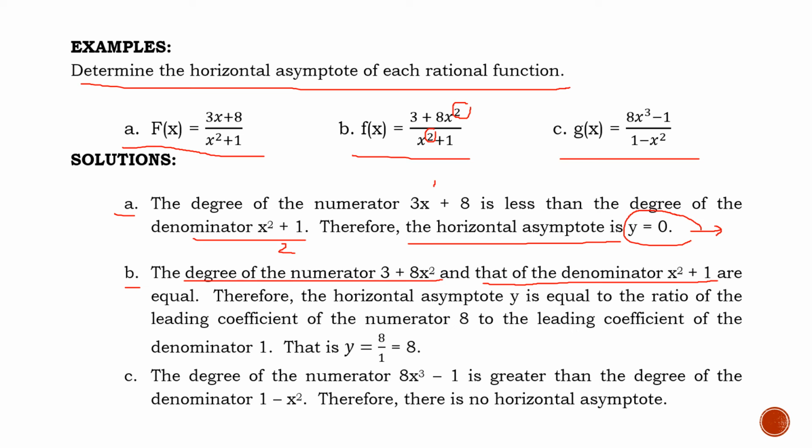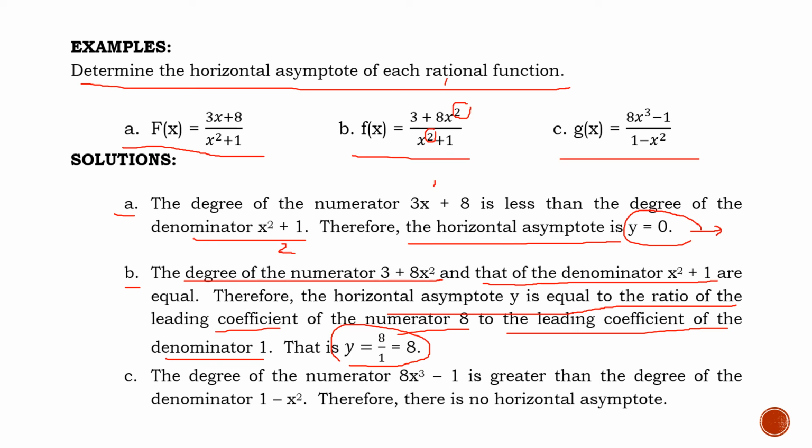So therefore, the horizontal asymptote is y equal to the ratio of the leading coefficient of the numerator, 8, to the leading coefficient of the denominator, 1. Your y is equal to 8 over 1.